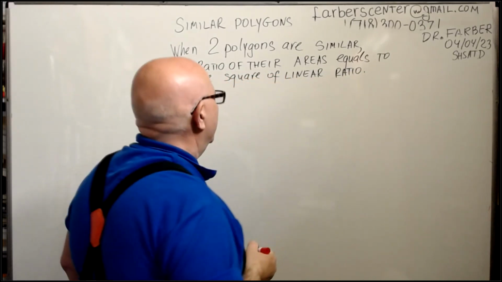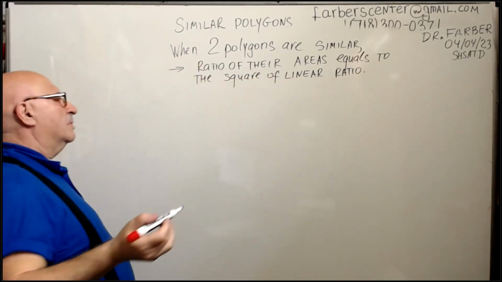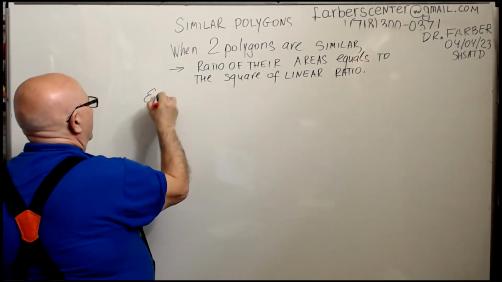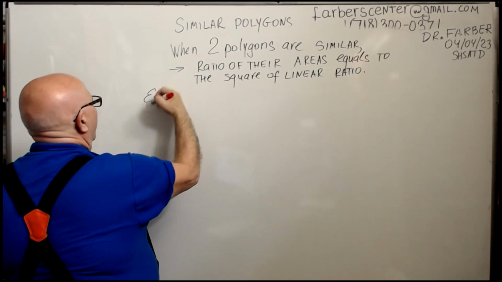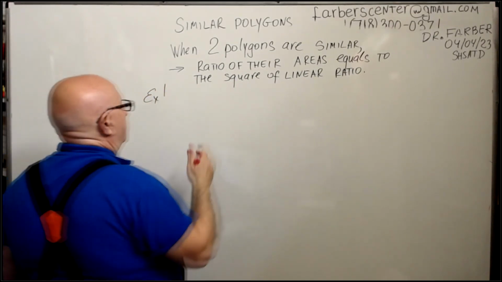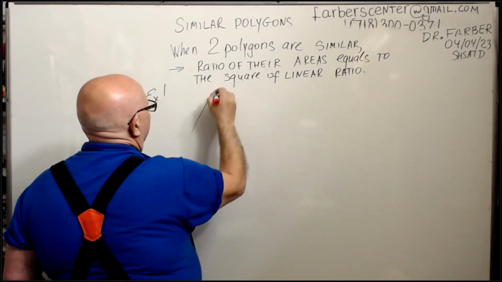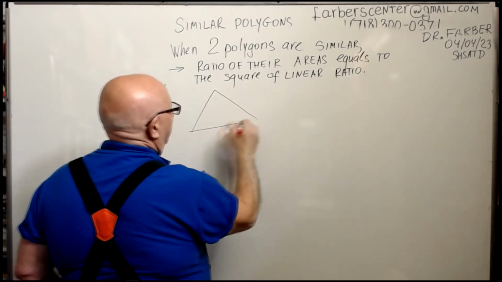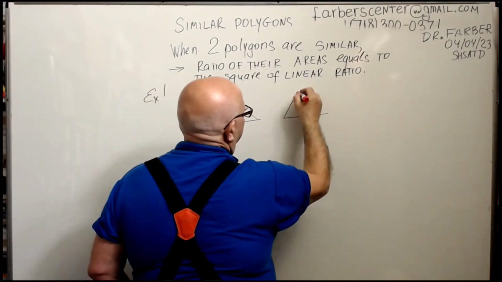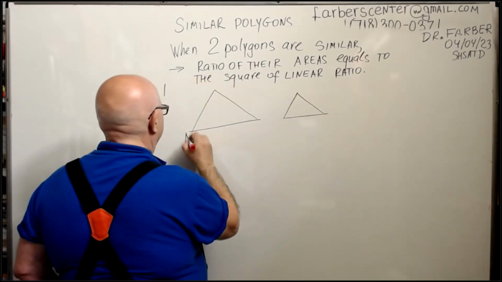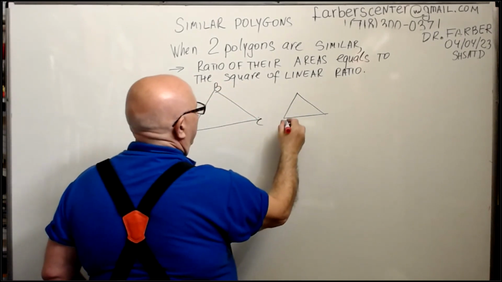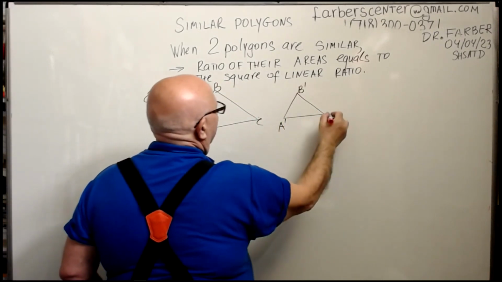I'll give an example. Let's say example one. I just make up, let's say we have two triangles. It's related not only to triangles but to any polygon. ABC and A prime, B prime, C prime.